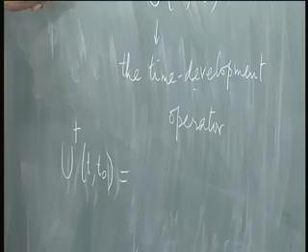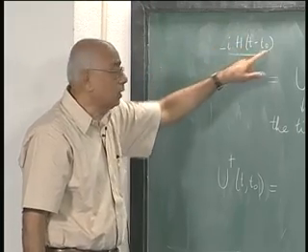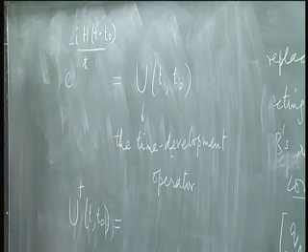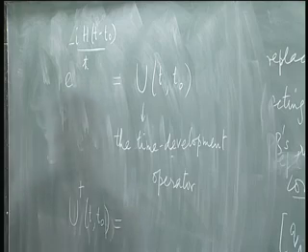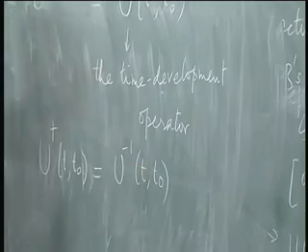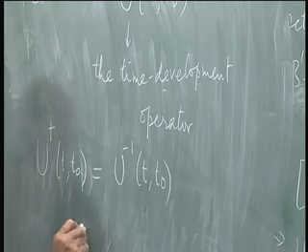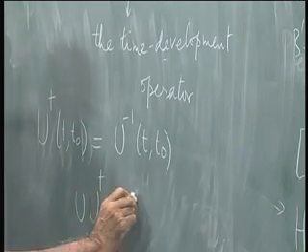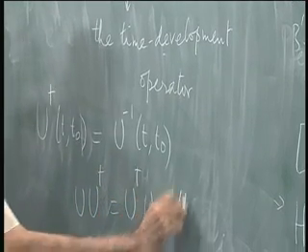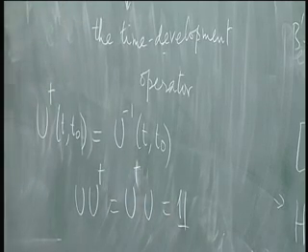So this becomes plus i and this becomes H dagger, and of course these are real numbers, nothing happens to them, but H dagger is the same as H, therefore U inverse, or U dagger U is 1, the identity operator.